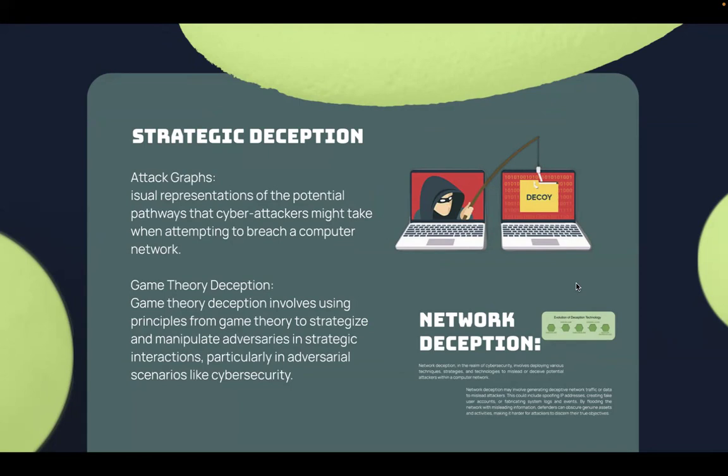They have used fancy theories like hypergame theory to simulate different perspectives in uncertain situations. Other researchers like Syed and Zhu have explored using game theory to deal with specific threats like zero-day vulnerabilities and how to use deception to protect against them.